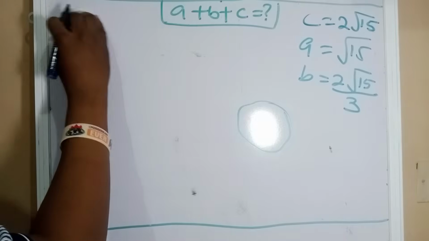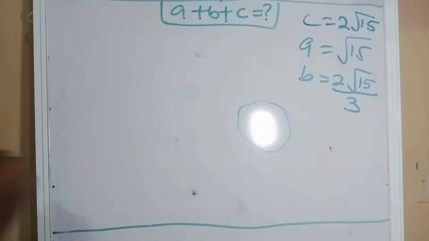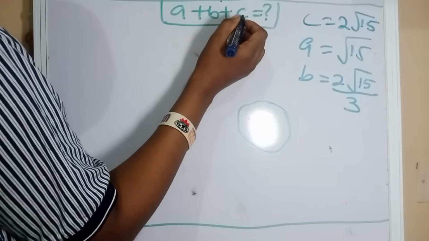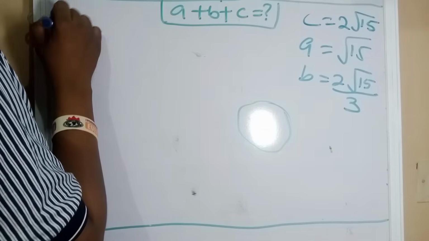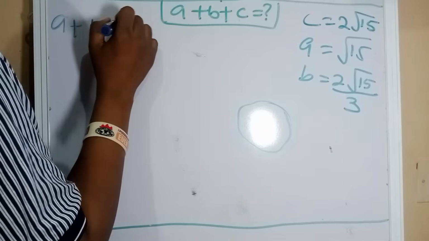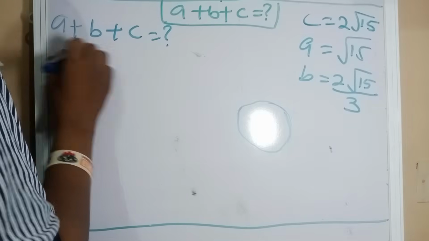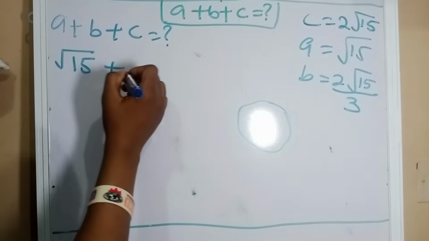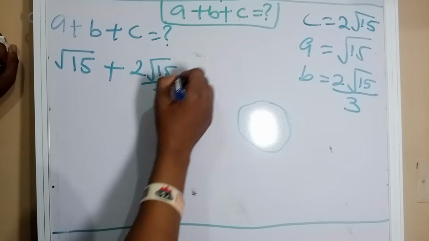So now that we have all these items, remember we're asked to look for A plus B plus C. So we add all those things together. A plus B plus C equal to what? Our A is root 15. Our B is 2 root 15 over 3.